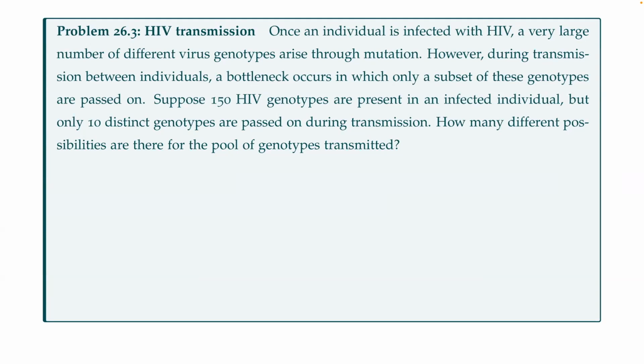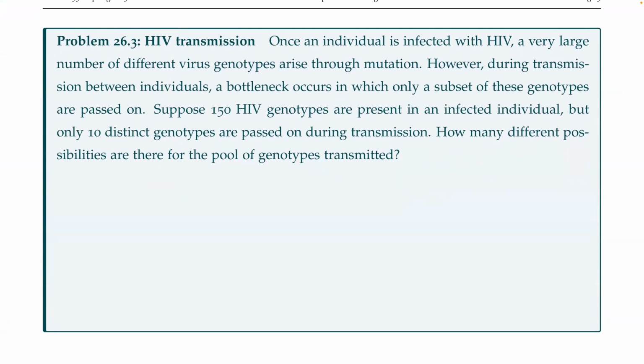So you often see these genetic bottlenecks, not just with HIV, with other pathogens as well. It's particularly common in HIV though. So we can think about, given the diversity of viruses within a host, how many different combinations can actually be passed on to another host, okay? So have a go at turning this word problem into a problem of combinations, and then figuring out what the answer is, okay?